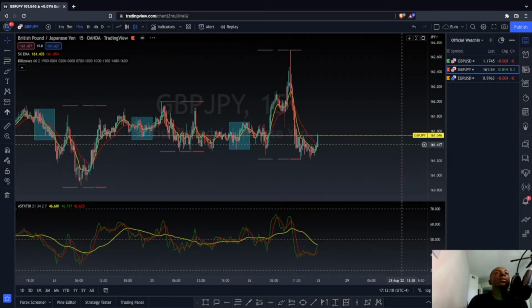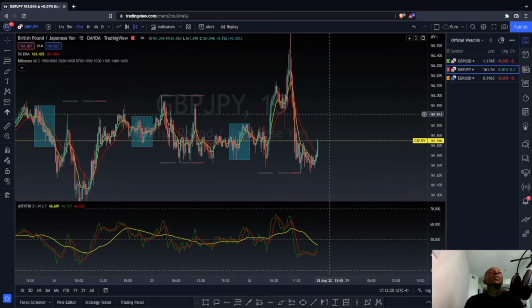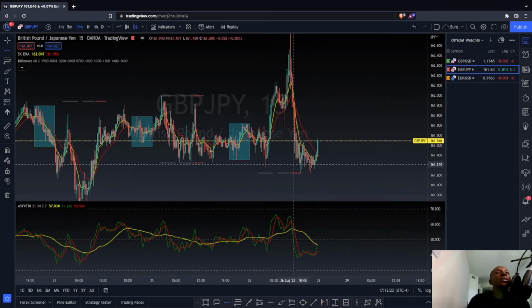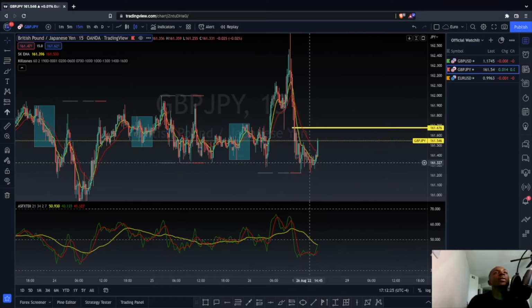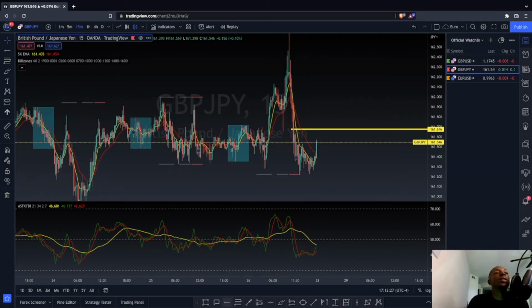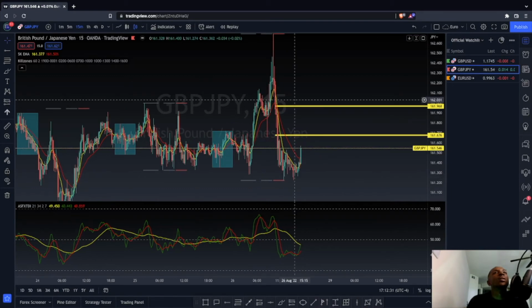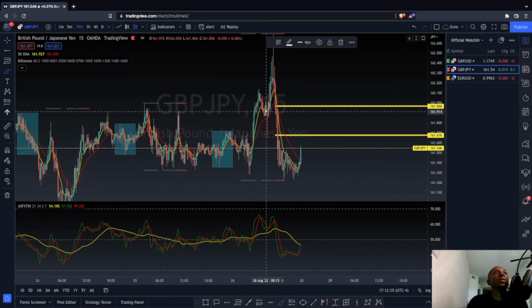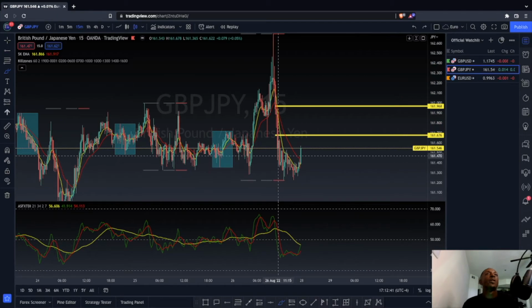All right. So we can actually still see a fair value gap here on the 15-minute of pound yen, and also here as well, right? So we could push back into this area very easily, and then also we see this guy right here, 1 2 3, and push down. So I wouldn't be surprised if we push back up into that area.